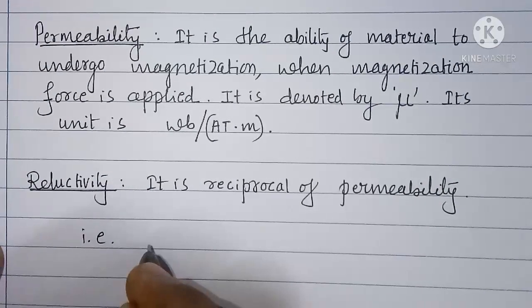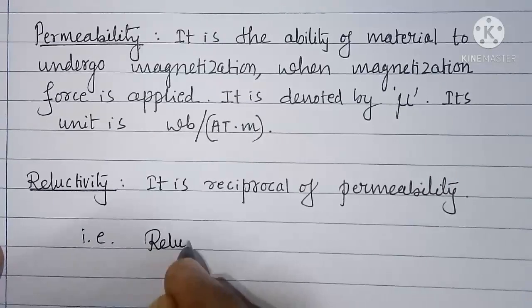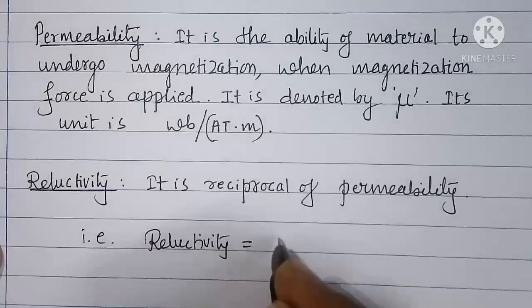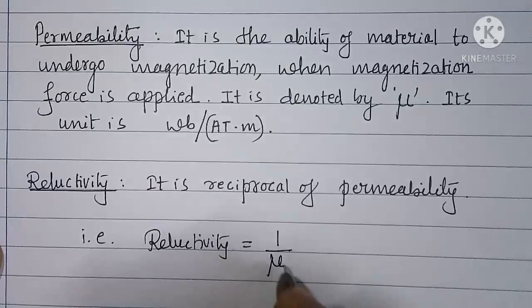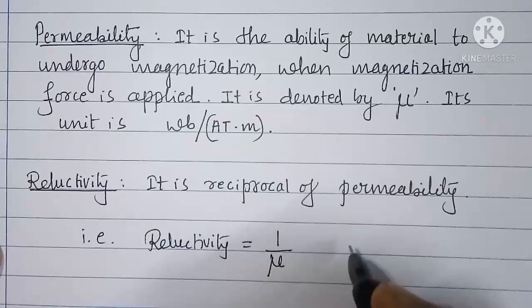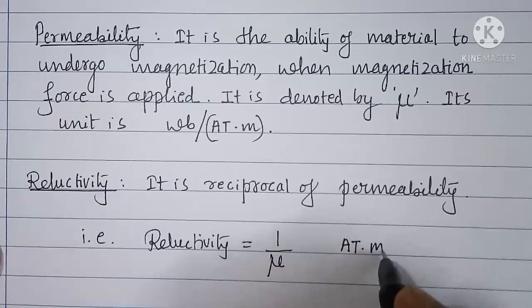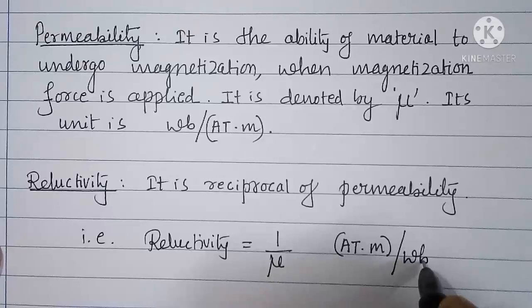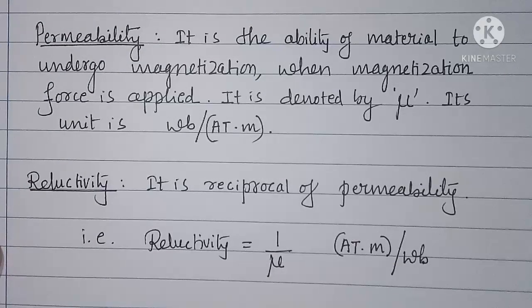That is, reluctivity is 1 by mu. Unit will be ampere turn into meter per Weber.